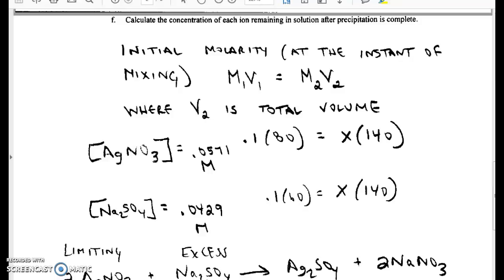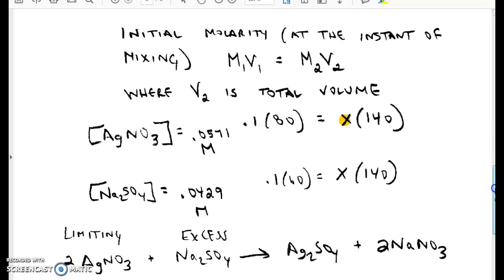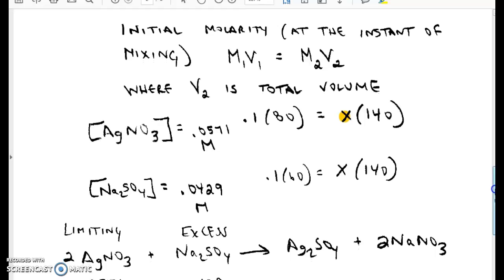So the new concentration of the silver nitrate after those two solutions are combined is the X in this M1V1 equals M2V2, and we get 0.0571 molarity silver nitrate in that instant of mixing. And since we have 1 mole of silver and 1 mole of nitrate for every 1 mole of silver nitrate, it would also be 0.0571 molarity for silver ion and 0.0571 molarity for nitrate ion.